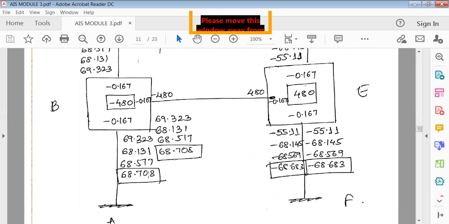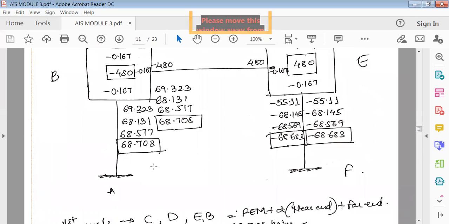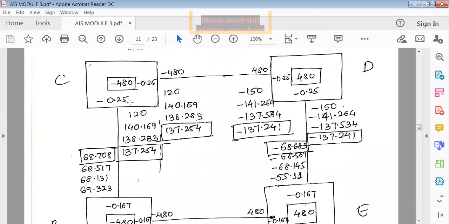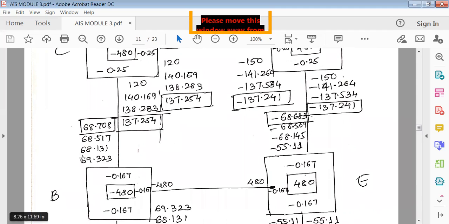Once you stop this, you have to again highlight, just box all the final moments. Those are the moments which you're supposed to use now. In this portion, whatever moment is here, that is CD, 137. Next, CB is again 137. Next, BC is 68.